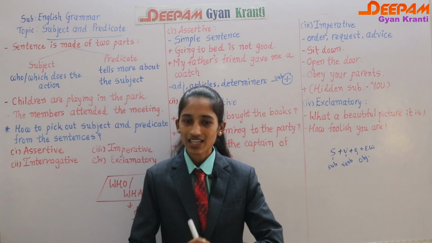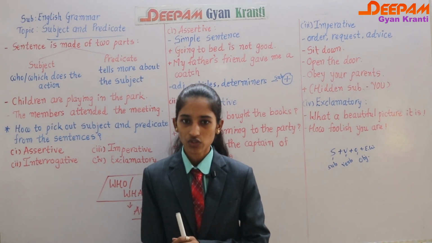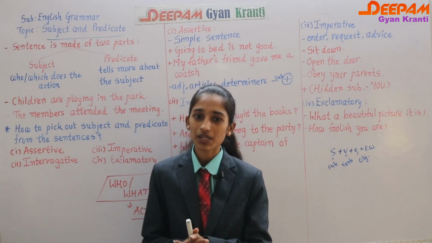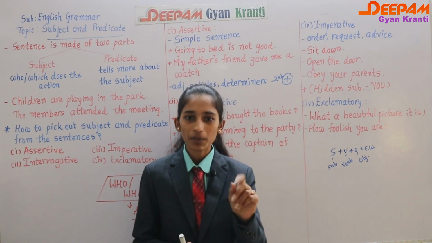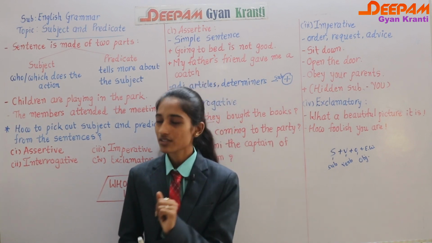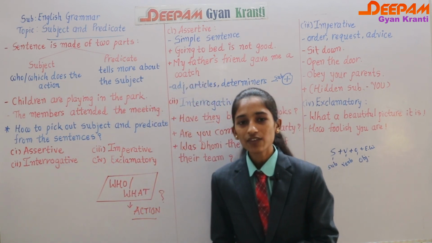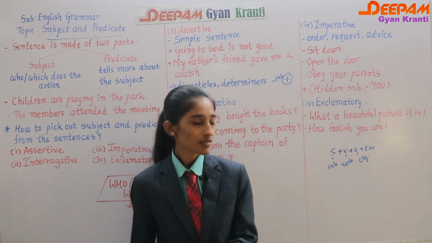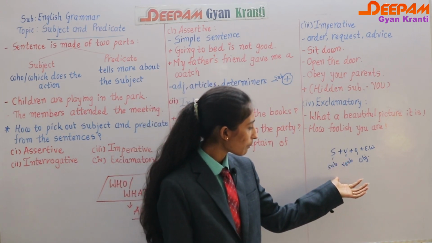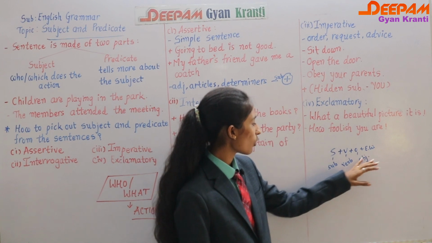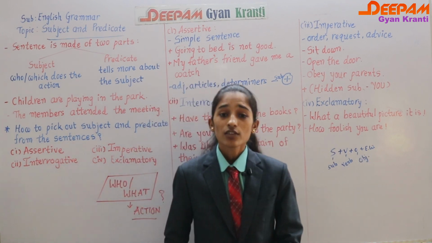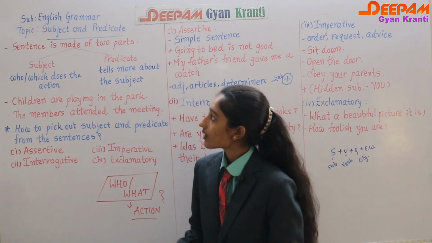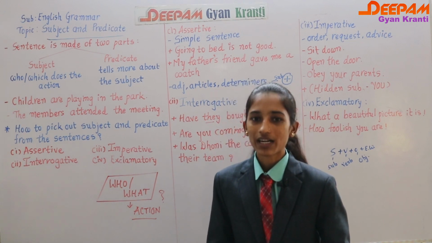With the help of a sentence we can get the whole information, the correct and full information about a particular topic. So generally the pattern is S plus V plus O, subject, verb and object. Basically a sentence is made of two parts.